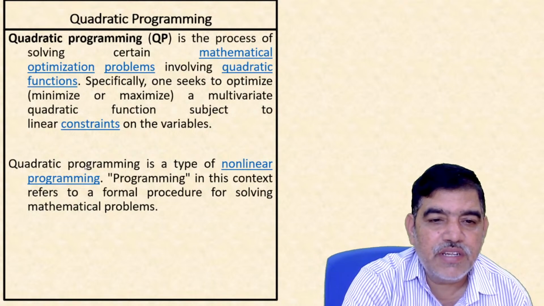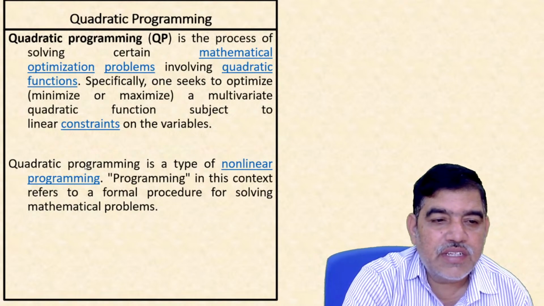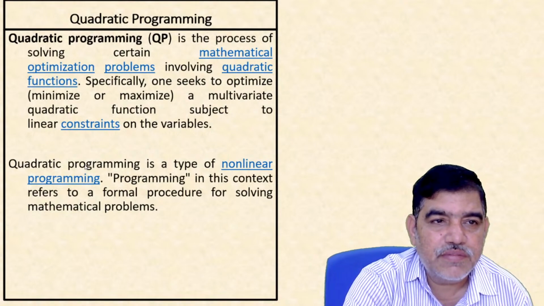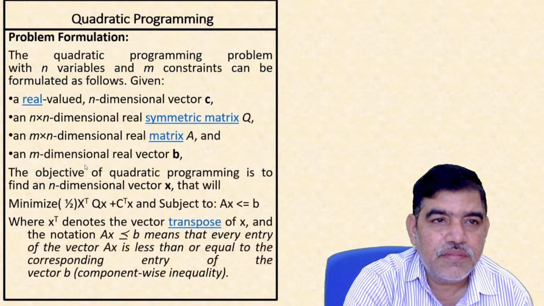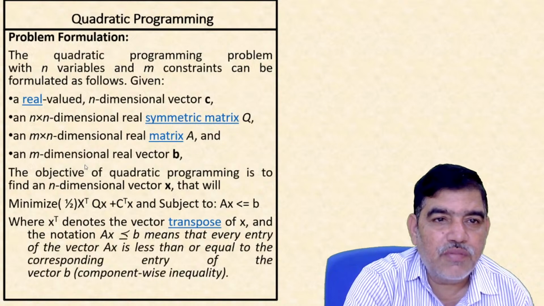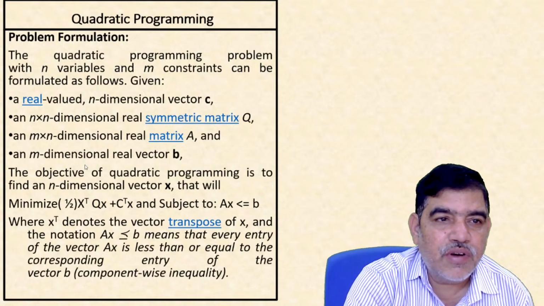And quadratic programming is a type of nonlinear programming. Programming in this context refers to the formal procedure for solving mathematical problems. Then, how to formulate the quadratic programming of n variables with m constraints.